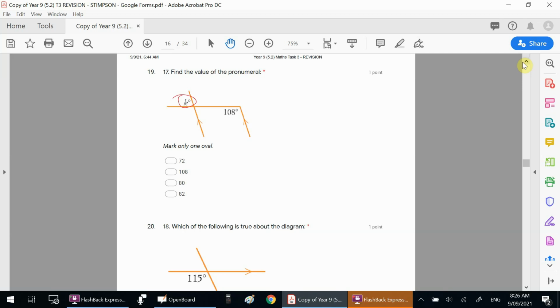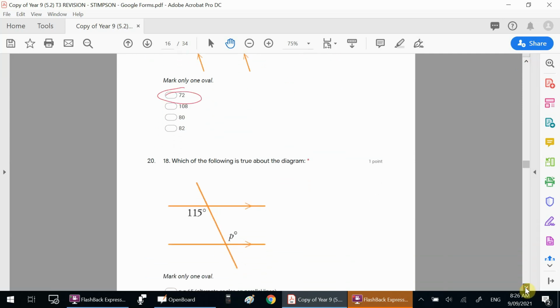So this one and this one add up to 180. So what's that? That dot is 72. The parallel lines, co-interiors add up to 180. So the dot there is 72. And vertically opposite angles are equal. So k is 72.